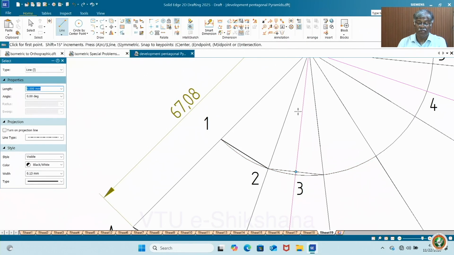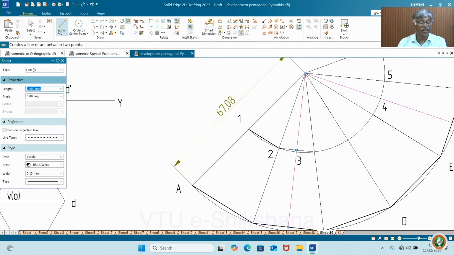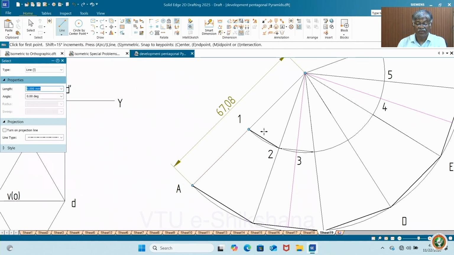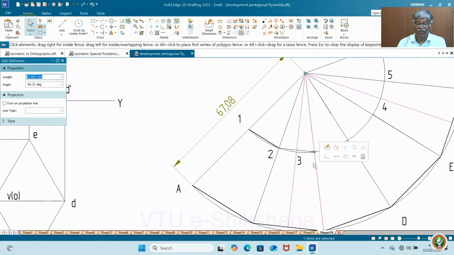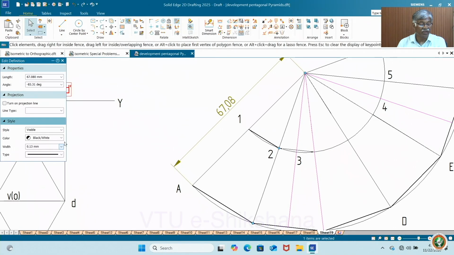Okay. So, here now I select the line. Suppose I select this line, this is completely available. Dark this is 0.7.